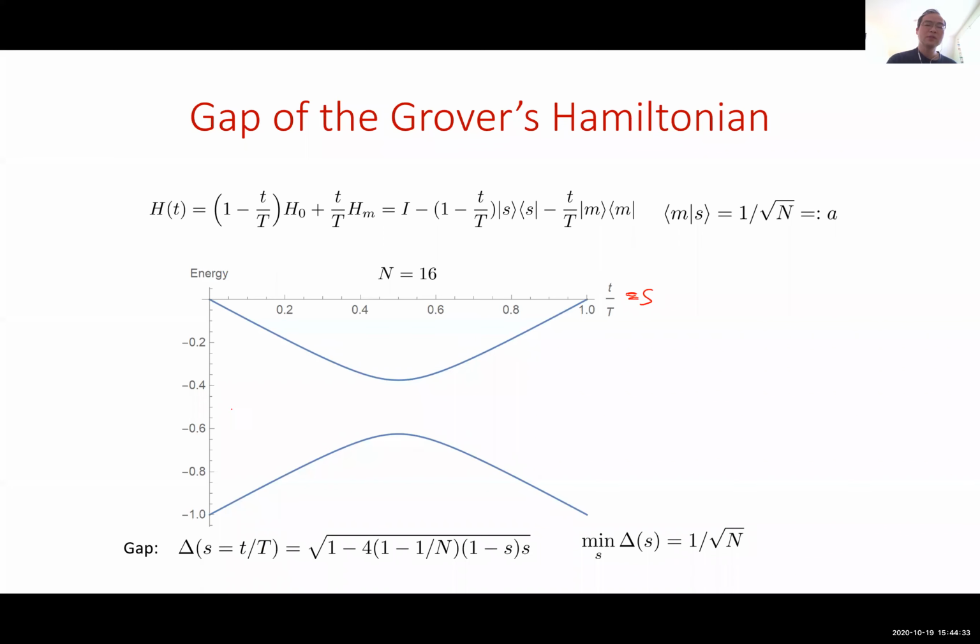So this is the gap. And you see that it's the smallest in the middle when s equals 1/2. At s equal to 1/2, this is a factor of a quarter that cancels this, and 1 minus that cancels out. So the minimum gap is exactly 1 over square root n. Okay. And this square root n should be the speed up in Grover, right?